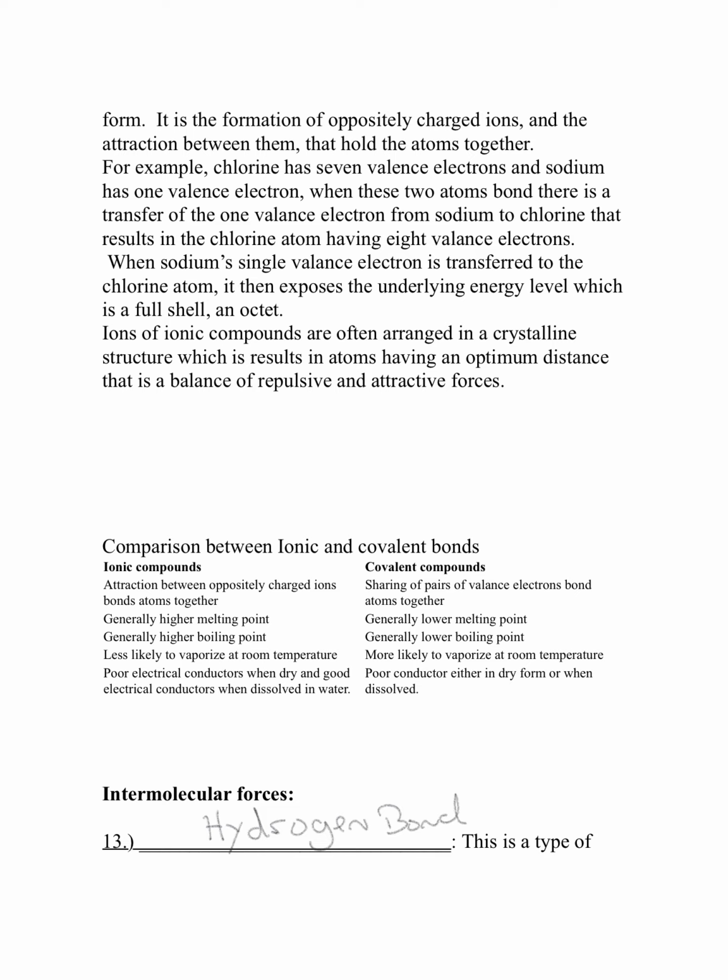Ions in ionic compounds are often arranged in a crystalline structure, which results in atoms having an optimal distance, that is the balance between repulsive and attractive forces. So I'm going to skip ahead and draw a picture of this occurring.